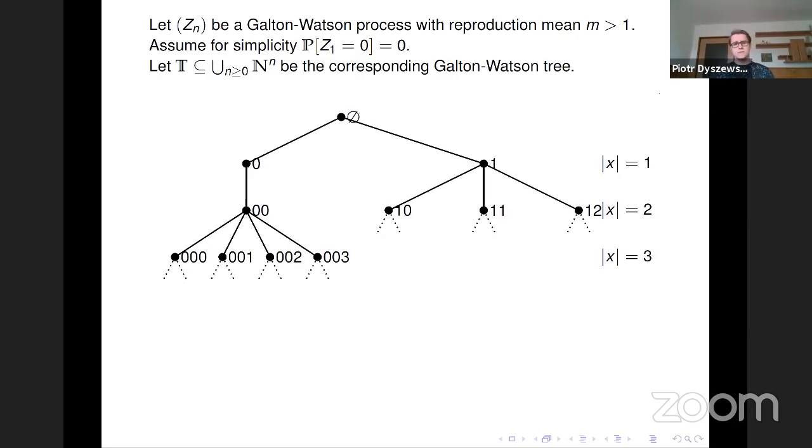All right, so then you can draw your Galton-Watson tree, right? And you assign labels to each of the individuals. So let's say that the first particle has a label which is an empty word, and then particles from generation 1 have a label which is a string of length 1. Then particles from generation 2 have a label which is a string of length 2, and so on and so forth.